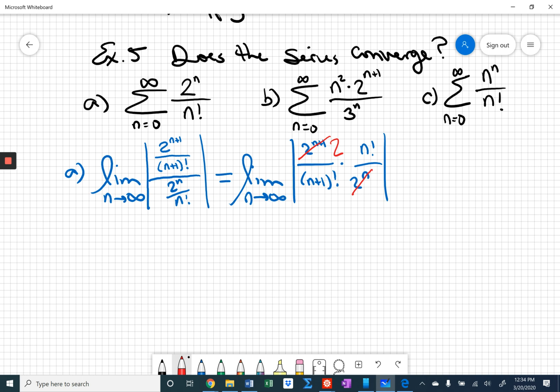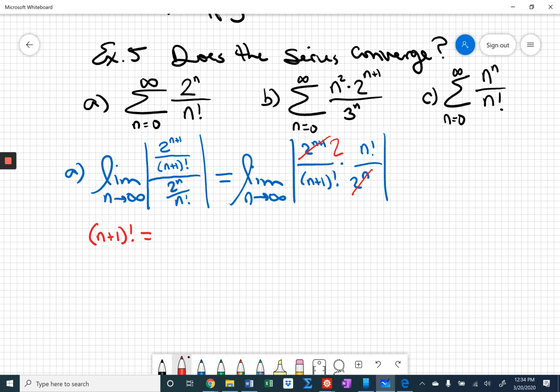Now, believe it or not, there are some things that cancel between the n factorial and the n plus 1 factorial. And to illustrate this, let me do a little bit of side work here because this is going to be helpful for everyone to see. Let's think about how we would expand n plus 1 factorial.